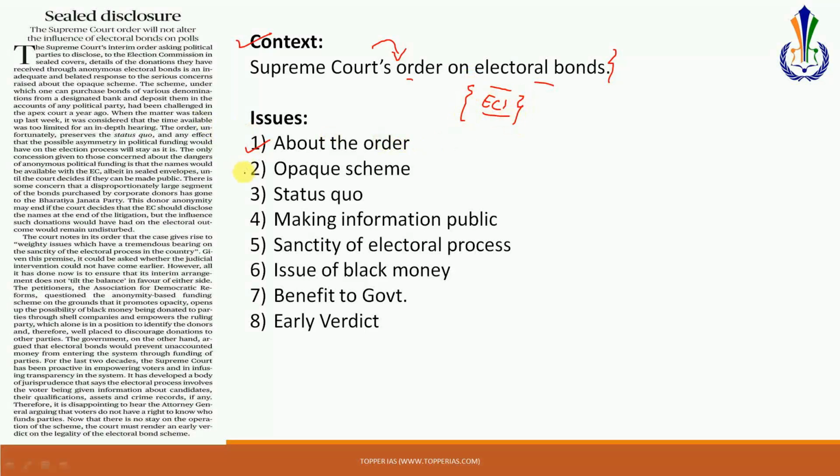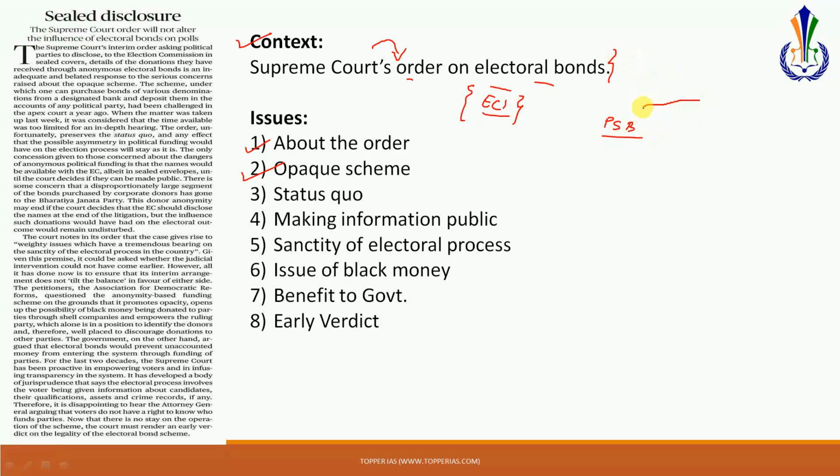Now what you need to understand here is about the opaqueness of the electoral bonds. Now what happens under the electoral bonds is, I'm sure by now many of you might be aware of this, because in many previous articles I have discussed electoral bonds in much detail. Some public sector banks are selected by the government, and these banks offer some bonds which are known as the electoral bonds.